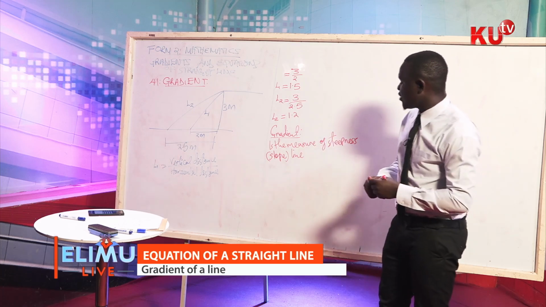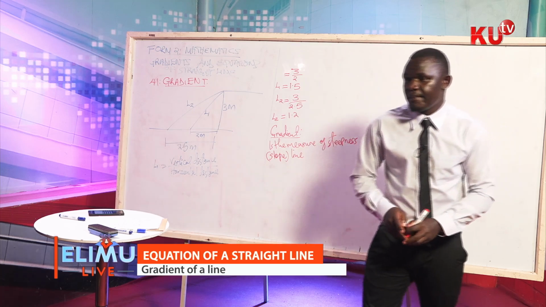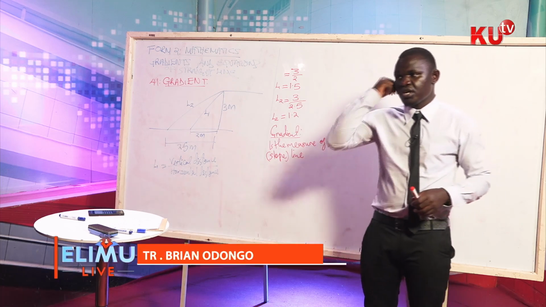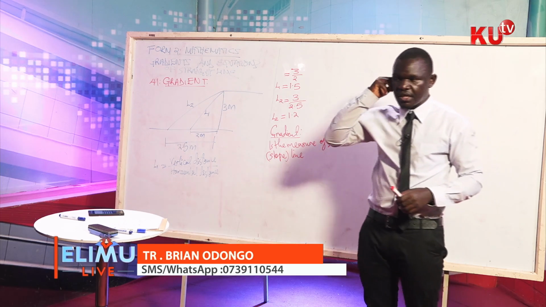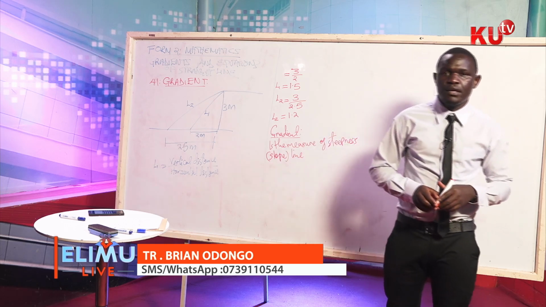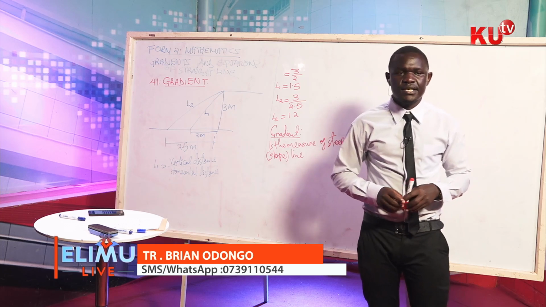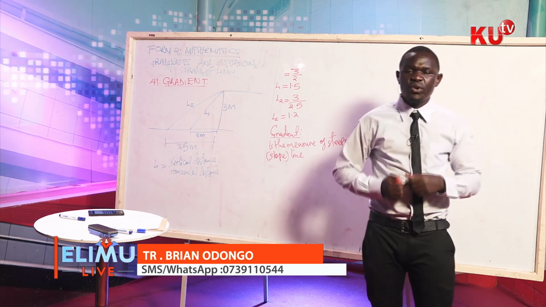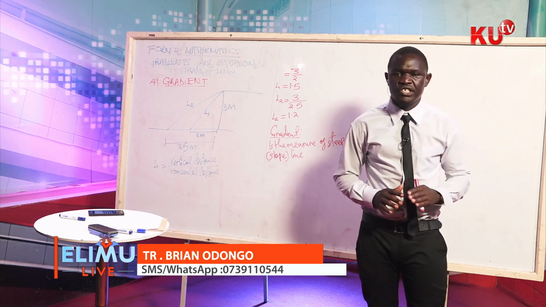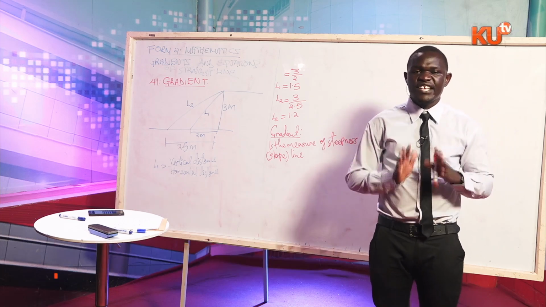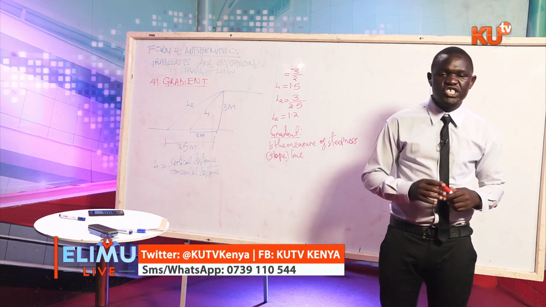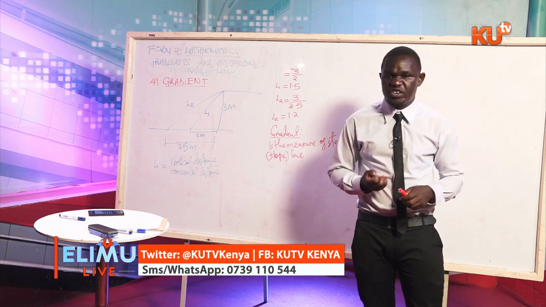Now, how do you calculate gradient in an exam? Maybe you are given 2 points of a line, then you are told to calculate its gradient. Simply what you need to know is this: in order to get the gradient of any straight line, it is simply the change in the y coordinates divided by the change in the x coordinates.